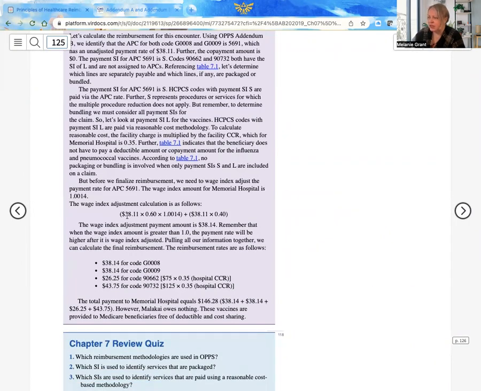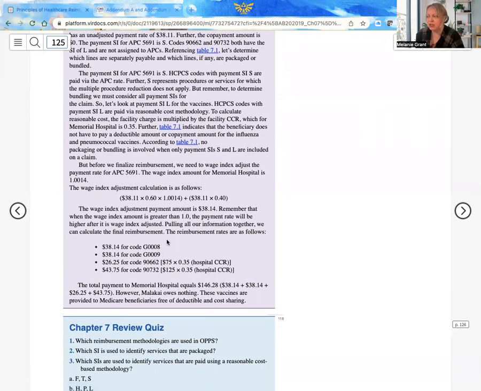We calculate the labor at the 38.11 at 60% and the wage index that we've just defined, and we add that to 40% of the 38.11, which gives us a total cost of 38.14. Since it's the same thing for G0008 and G0009, both of those will have the same payment.